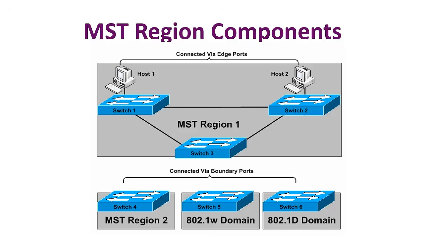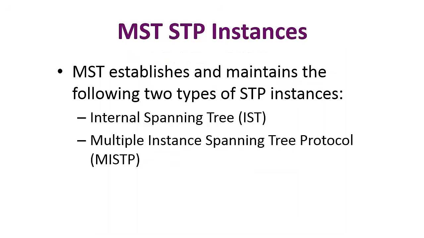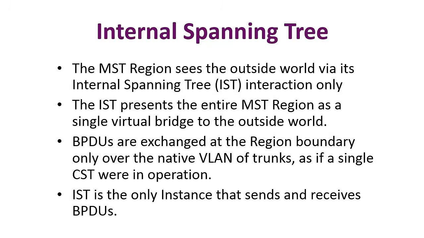Multiple spanning tree establishes and maintains two types of STP instances: internal spanning tree and multiple instance spanning tree protocol. Regarding internal spanning tree, the MST region sees the outside world via its internal spanning tree interaction only.